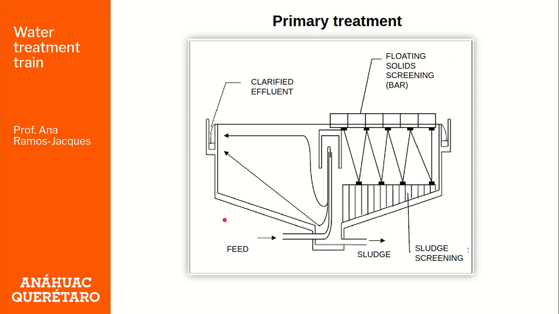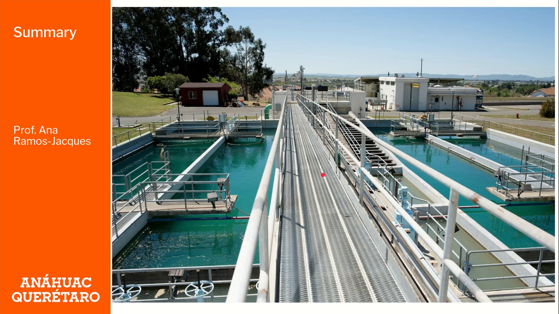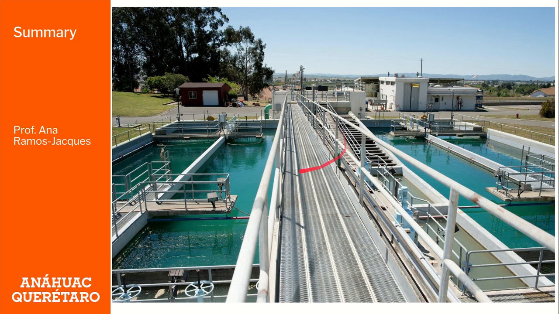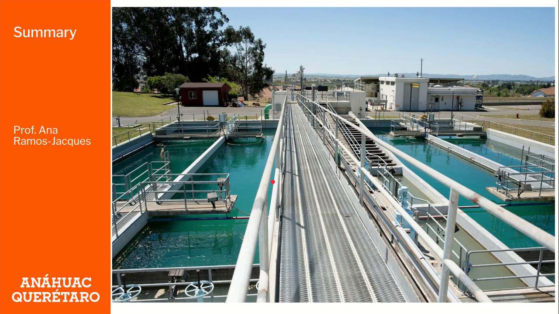So this is another photo of the wastewater treatment plant. You have to consider in the design all the appliances so the engineers can walk down the plant and see the monitors for the equipment. Those are the first two steps for this wastewater treatment plant.